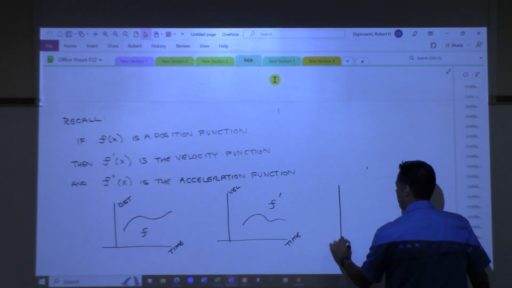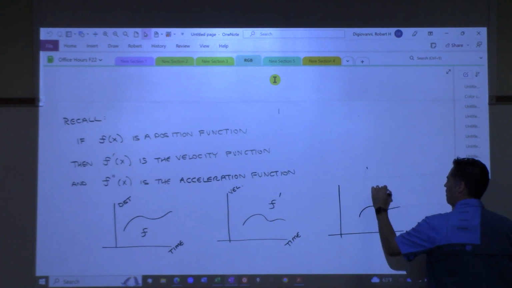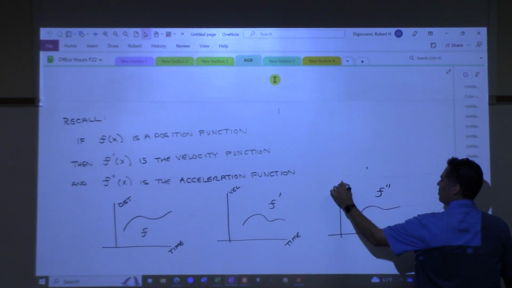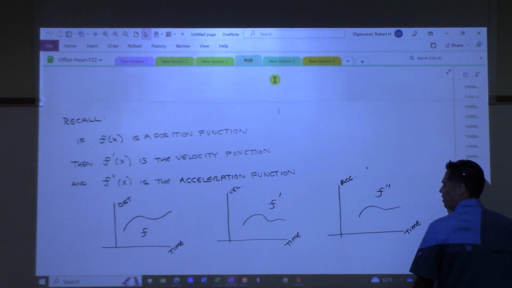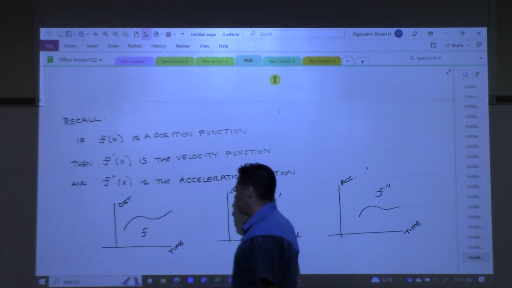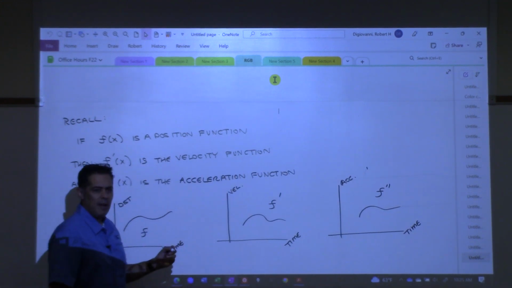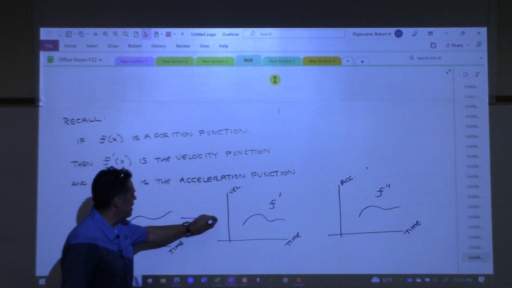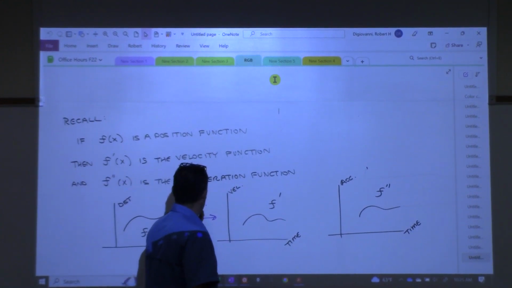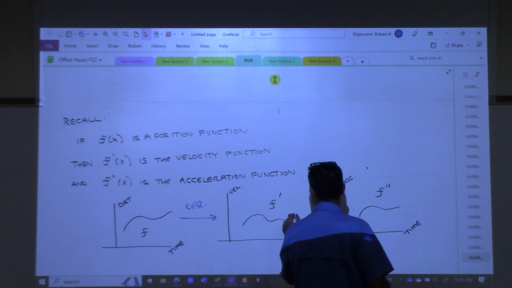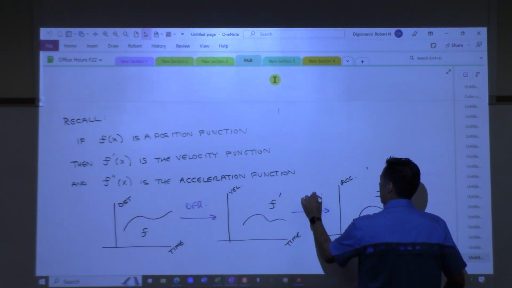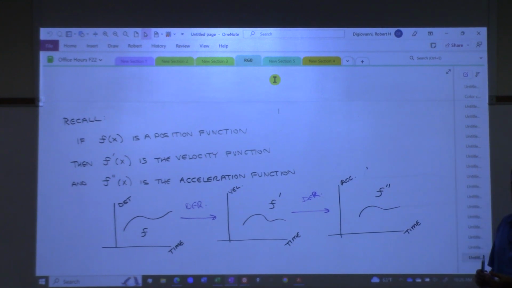And then if you take the derivative again, a second derivative, this is time, and this is acceleration. So you get your acceleration function. So what we've been doing in this class is we've been going from left to right. I can start with the function. I can take its derivative, right? Get the f prime, which is the velocity, then take the derivative again, right? And I will get the acceleration function.